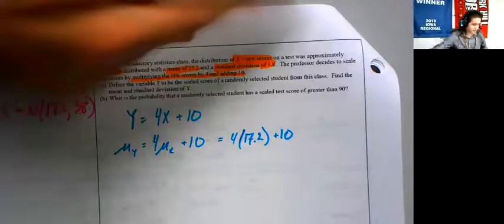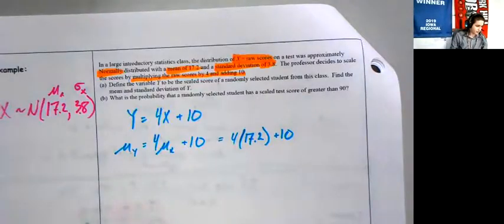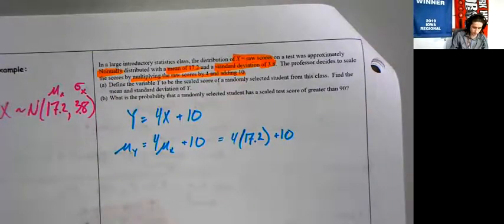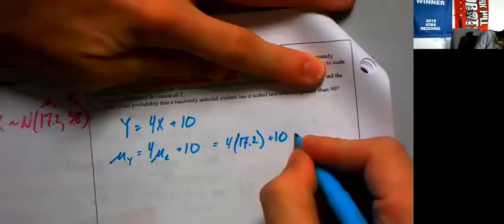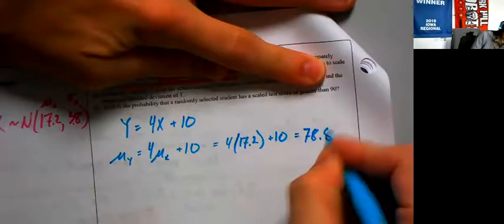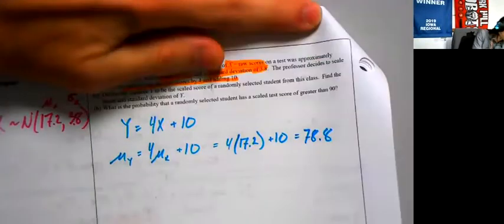What is that? 4 times 17.2, 34, 68, 68.8, 78.8? I don't know. Yeah, 78.8. So we've got the mean of 78.8. This is very much like what I do for your test.